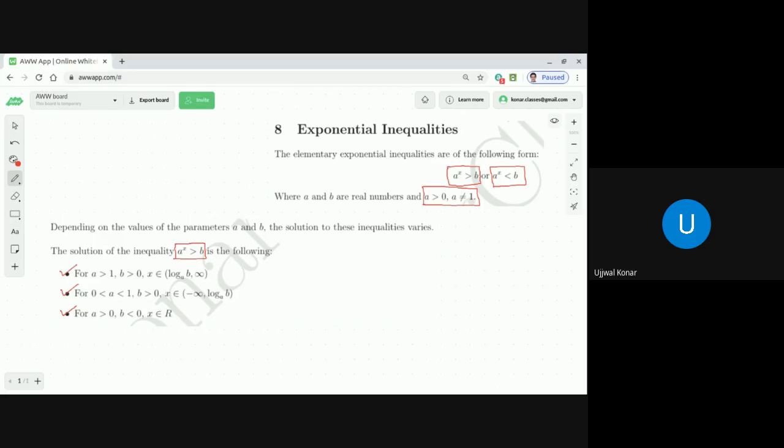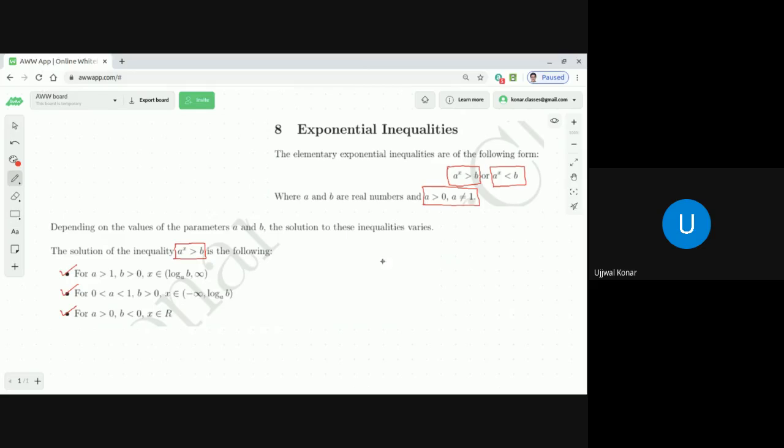Obviously, think about a greater than 0, say the number 2. 2 to the power x is obviously greater than any negative number. That is why the third condition is for all real numbers. So you need to remember this. What you need to remember is, for what kind of conditions of the parameters a and b, what is the solution set.